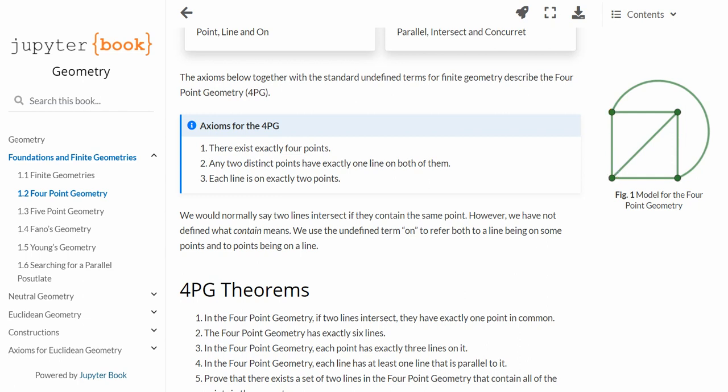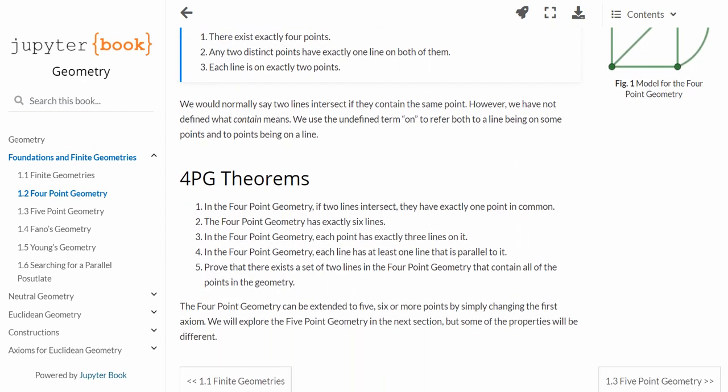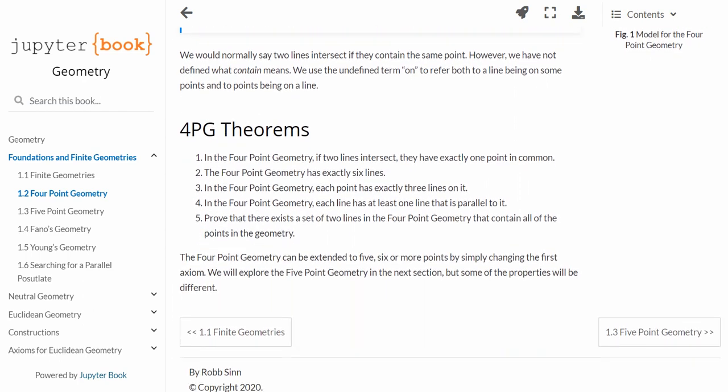So what can we prove? Well, here are some theorems that we can prove, and these are going to be theorems that you prove. I'm going to prove theorems later down here in Young's geometry, and you will be responsible for proving the theorems in 3 finite geometries: the 4-point geometry, the 5-point geometry, and Fano's geometry. So in the 4-point geometry, if 2 lines intersect, they have exactly 1 point in common.